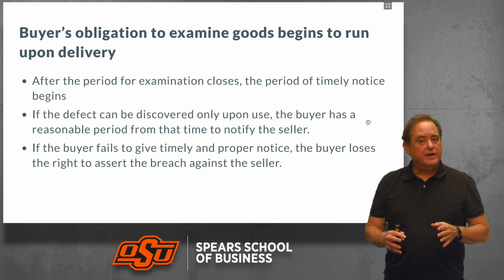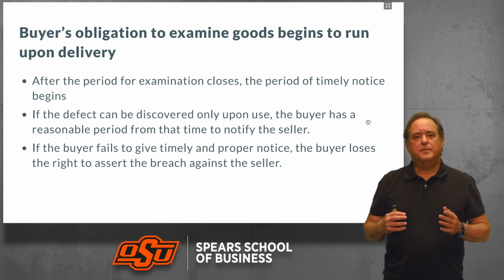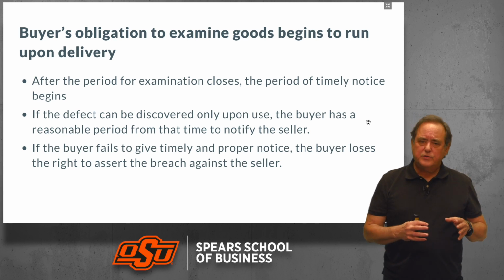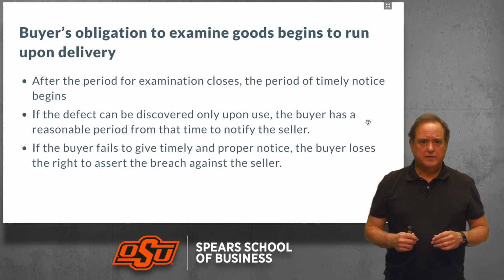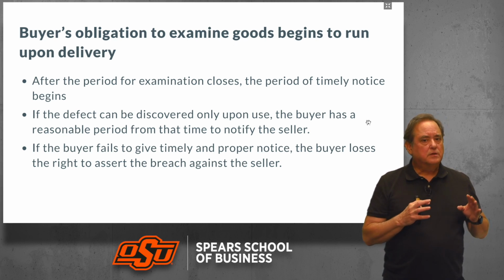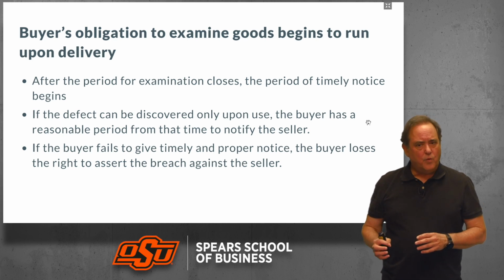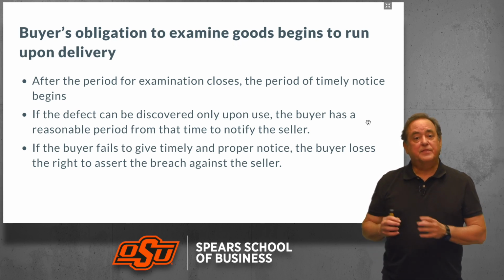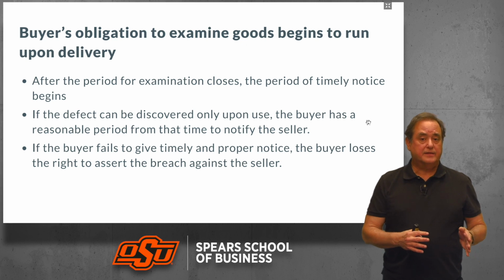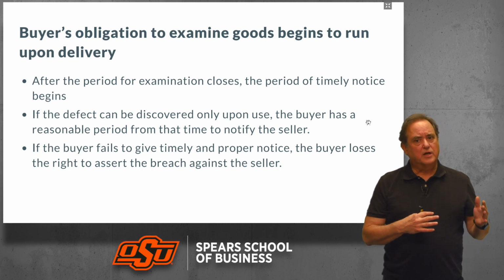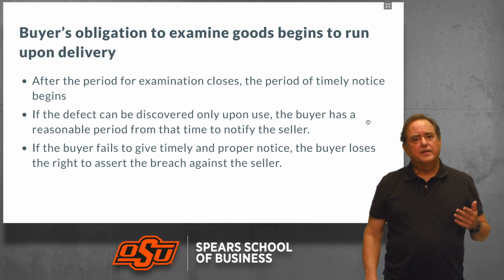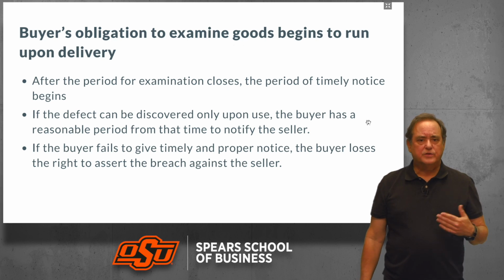And if a buyer fails to give timely and proper notice, the buyer loses the right to assert breach of contract, even though the goods did not conform to the contract. If the buyer failed to inspect and failed to give notice of the nonconformity, the buyer loses the right to assert the breach against the seller.